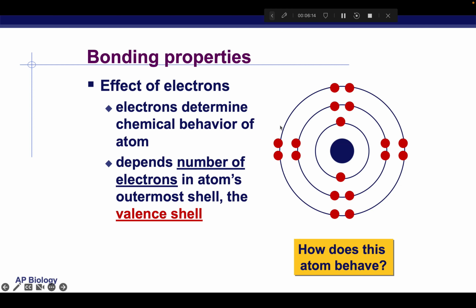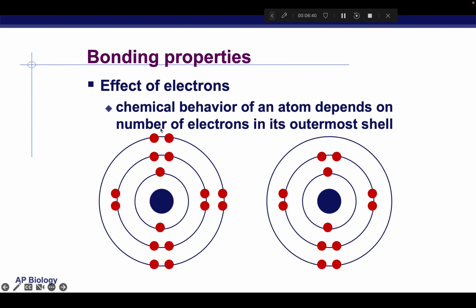And so these are called valence electrons. And the number of valence electrons that an atom or an element has influences how that element behaves, what it reacts with, what it can form a bond with, what it can't form a bond with. So that's extremely important.